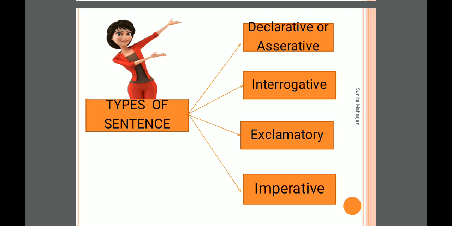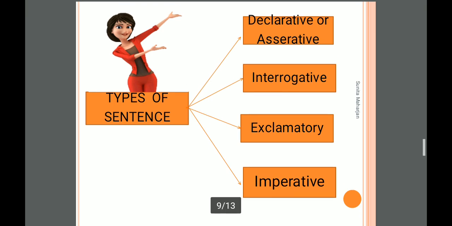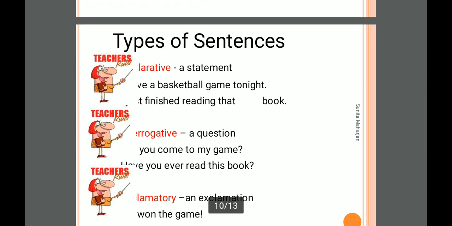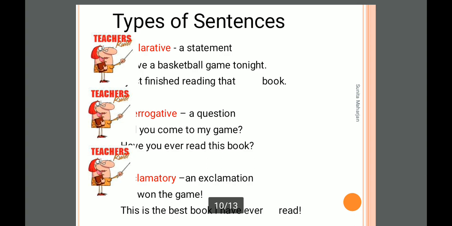So declarative or assertive is also known as affirmative sentence. The first one is declarative sentence. This is the simple statement which starts with a capital letter and ends with a full stop.